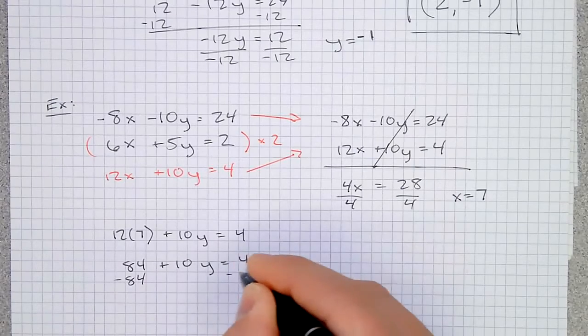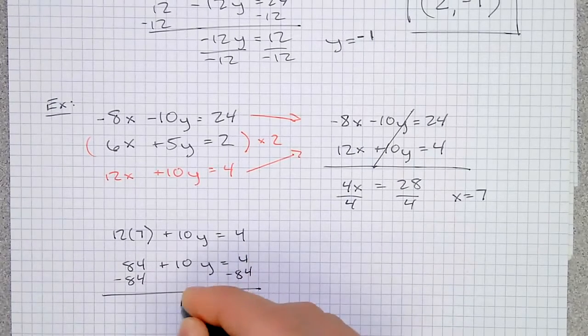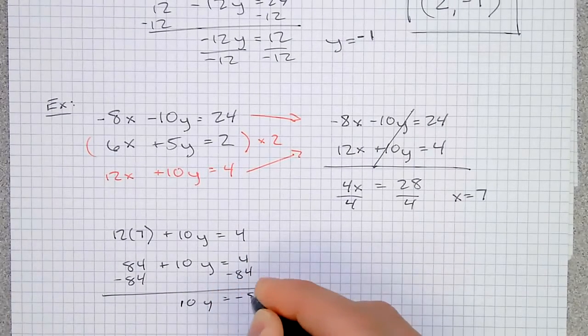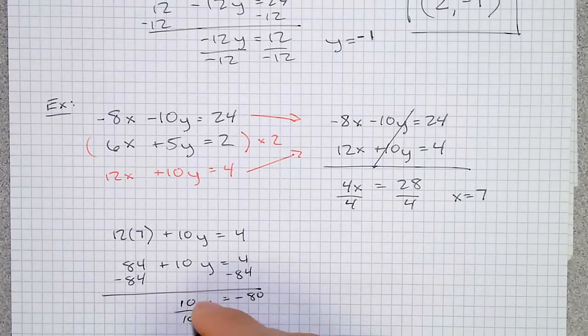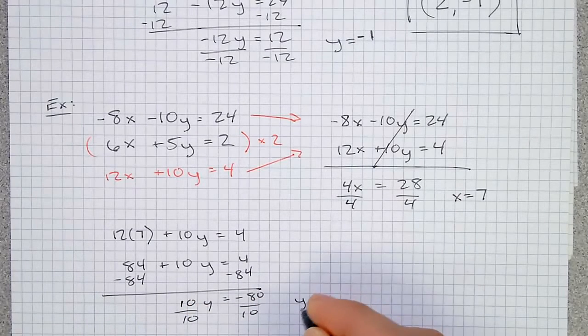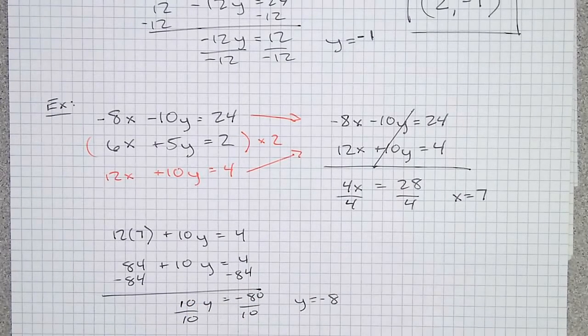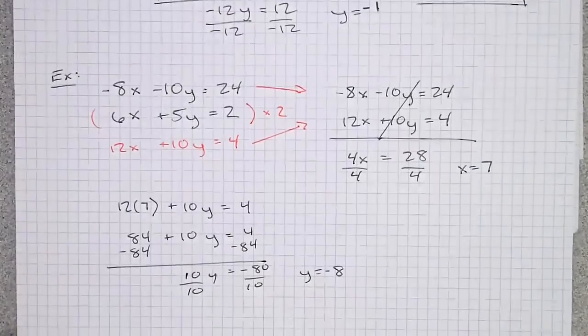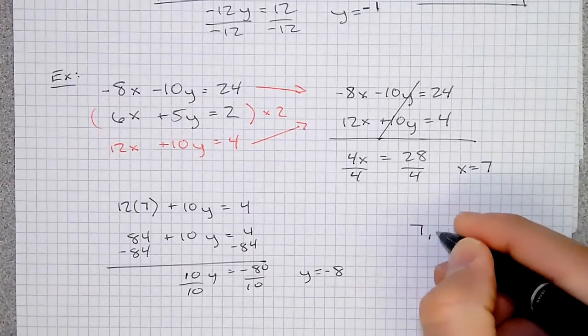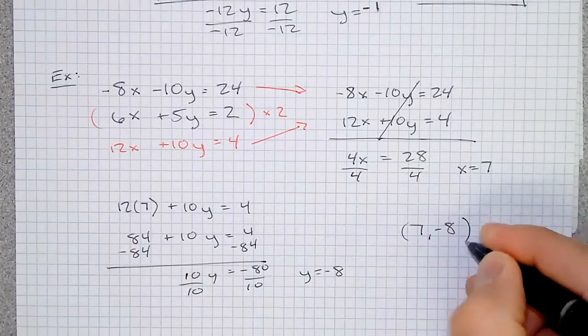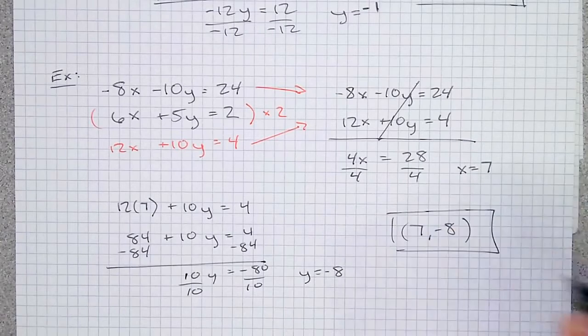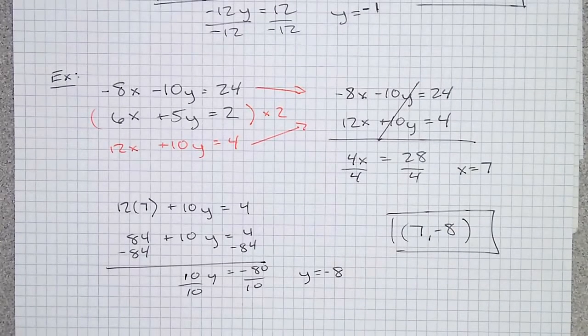Subtract 84 now. 10y equals negative 80. So I get y equals negative 8. Ta-da!